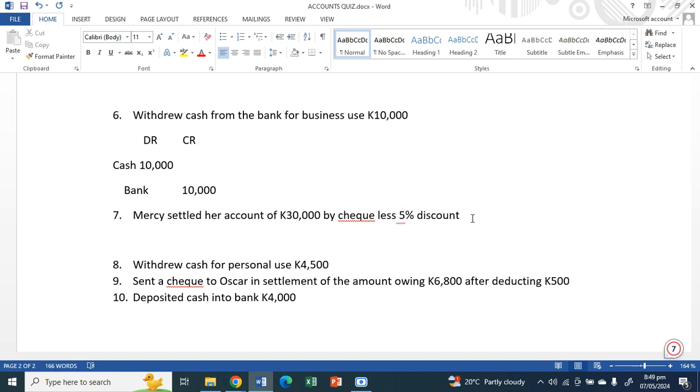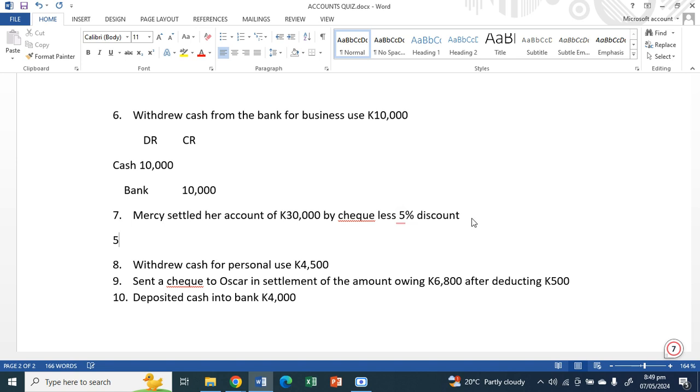All right. Discount allowed, this is the discount you give to your customers. So remember, with a discount, you're receiving less money. So that is treated like a loss, and that loss is also treated like an expense.